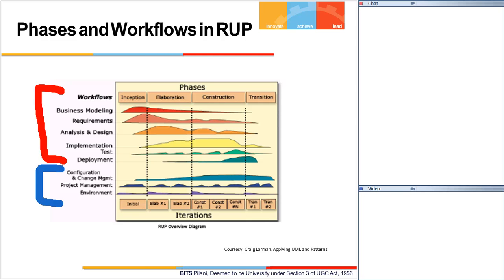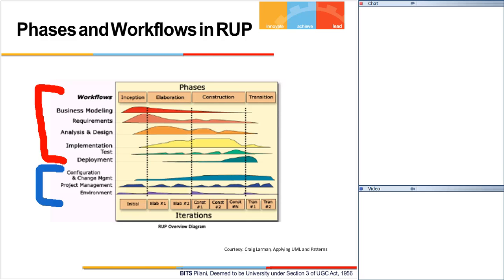which are specified in the framework activities, right? So these umbrella activities are the activities which are executed throughout the project life cycle, right? So configuration management, change management, project management, setting up the environment. So these certain umbrella activities are the ones which are to be executed throughout the project life cycle.